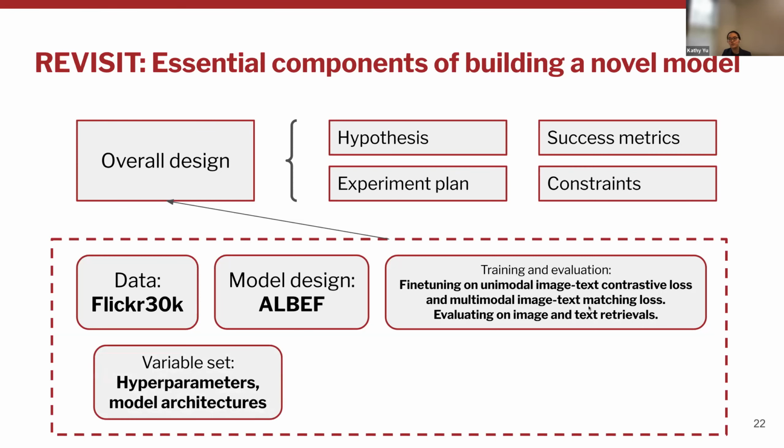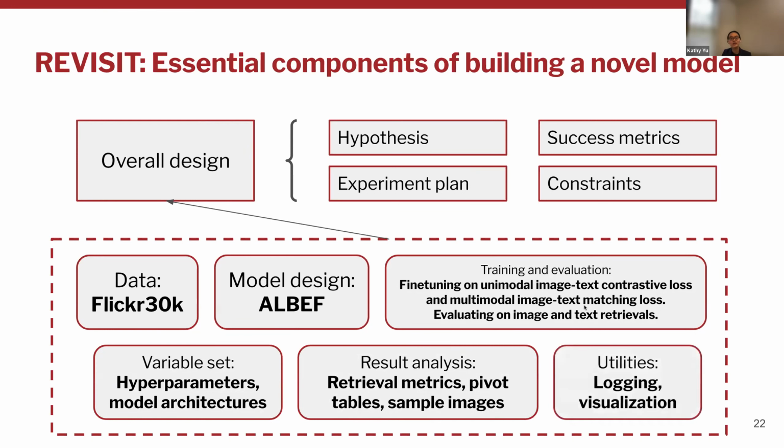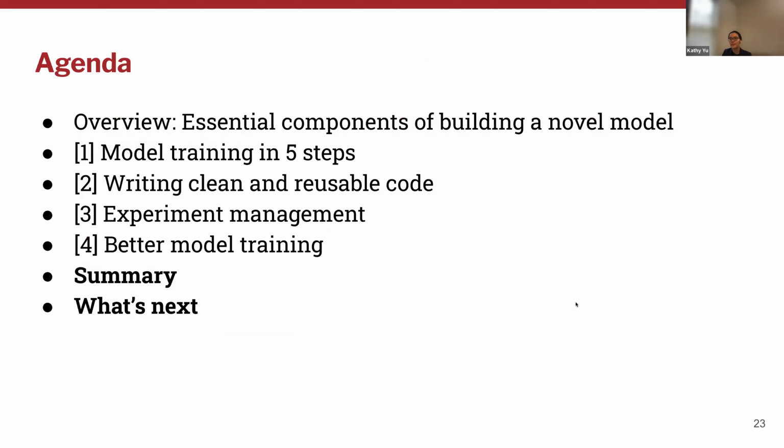And in terms of variables, we defined our different hyperparameters, different model architectures. And in terms of result analysis, we looked at retrieval metrics, we looked at pivot tables, and we also looked at sample images that we can log during the training process. And finally, in terms of utilities, we have logging functions, we have visualization functions.